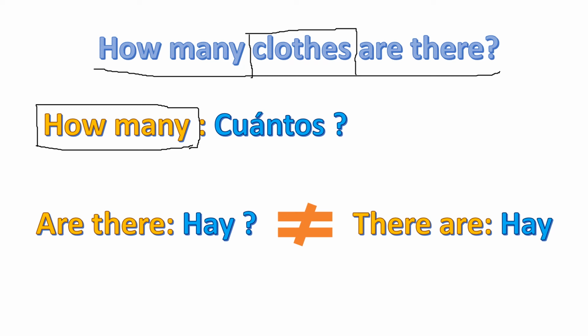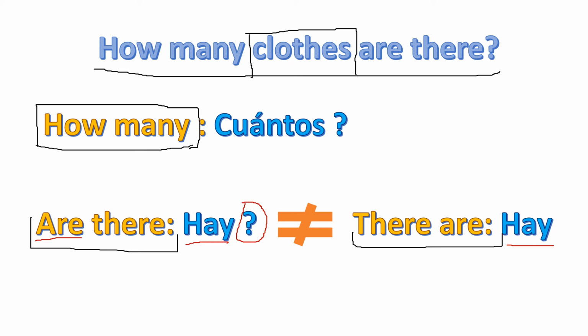Now, I'm going to explain you something about are there. The expression are there and the expression there are have a similar and the same meaning. But when we have are there, this expression is for a question, and it is at the end of the question.